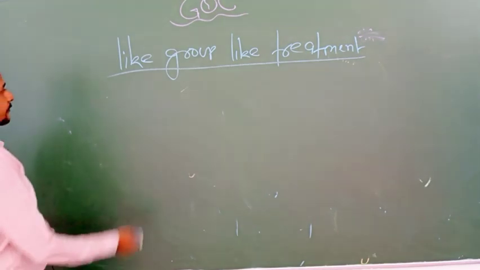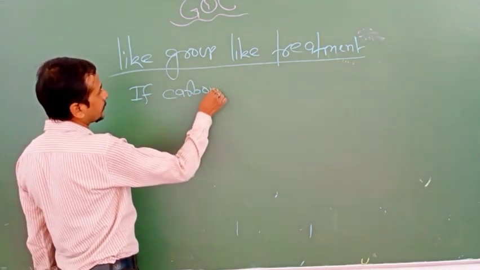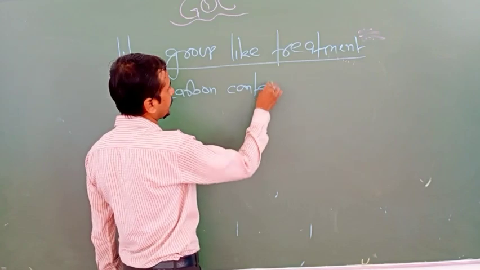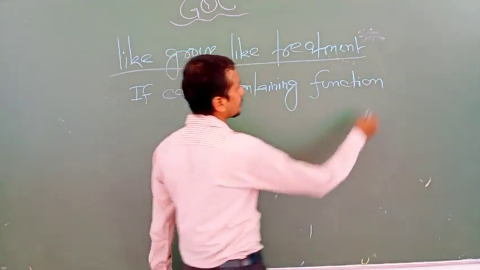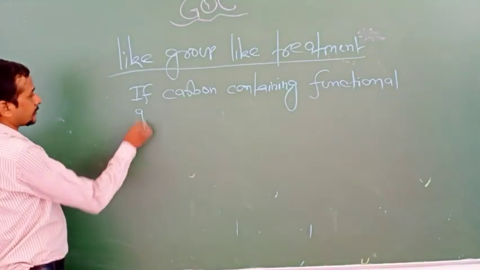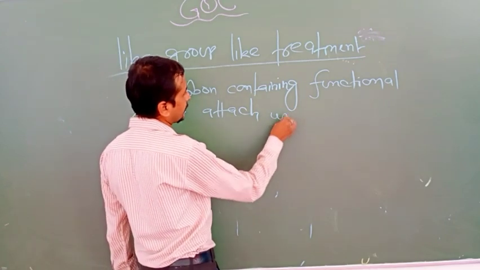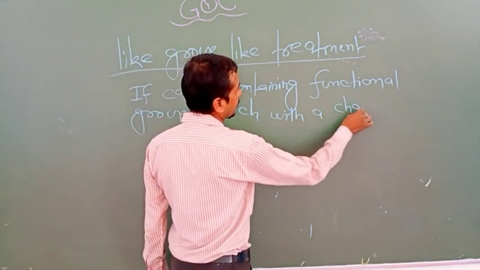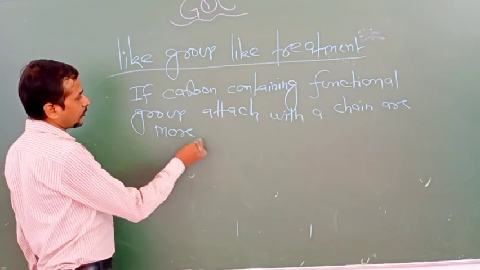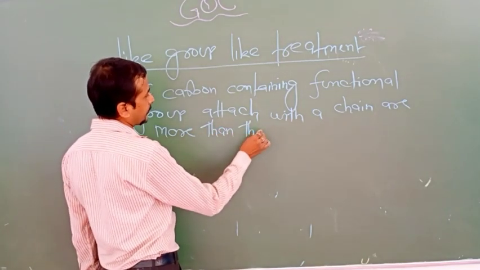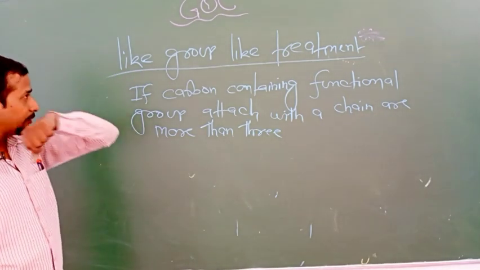In this condition, if carbon-containing functional groups are attached with a chain, 3 or more than 3, in that condition you have to write the name according to like group, like treatment.